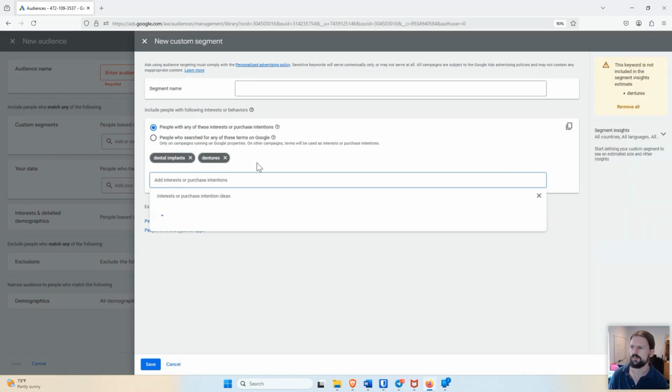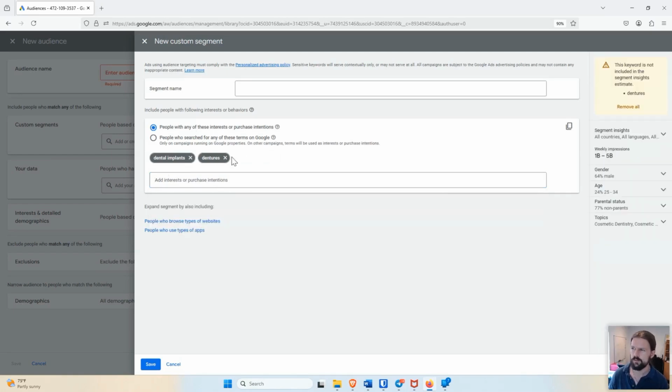If they put other things that might be an alternative. So you put 10 to 15 keywords. Again, you can get away with less, actually, because this is a little bit broader. And that will give you an audience of people that are interested in this thing according to Google, even though they might not necessarily have searched it exactly. Maybe they watched YouTube videos about it, or maybe they're reading emails about it in their Gmail, something like that.